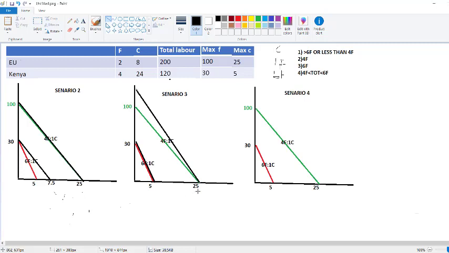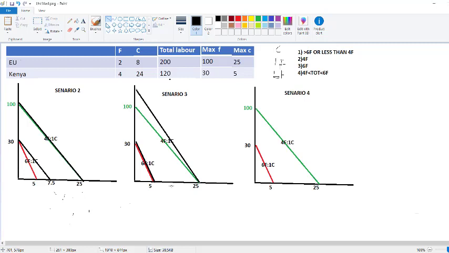So what happens? Initially speaking, every 1 carbon could have been traded for 4 food, which means your 25 carbon would give you 100, 25 times 4. Now this 25 carbon can be traded at the world price of 6 food if we're going to go towards Kenya to trade. So this line being 6 food per 1 carbon, every 1 carbon is worth 6.